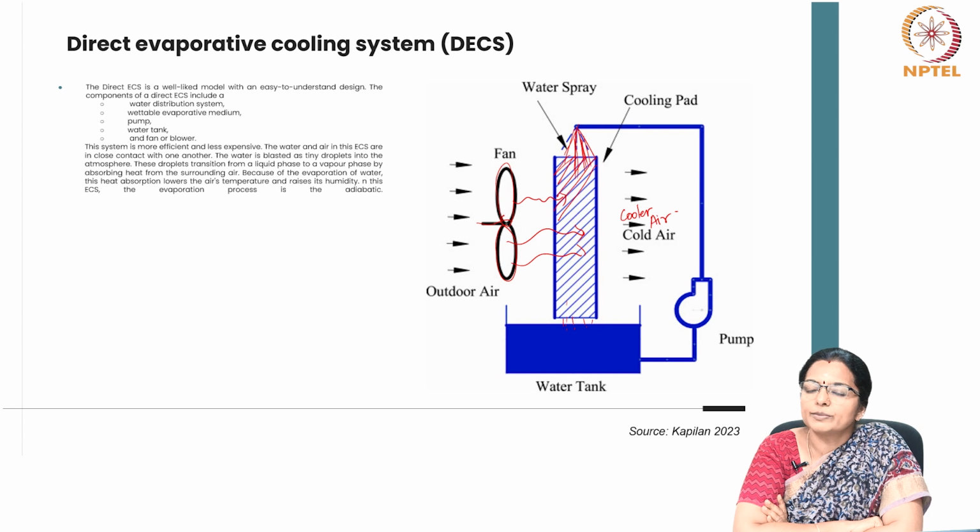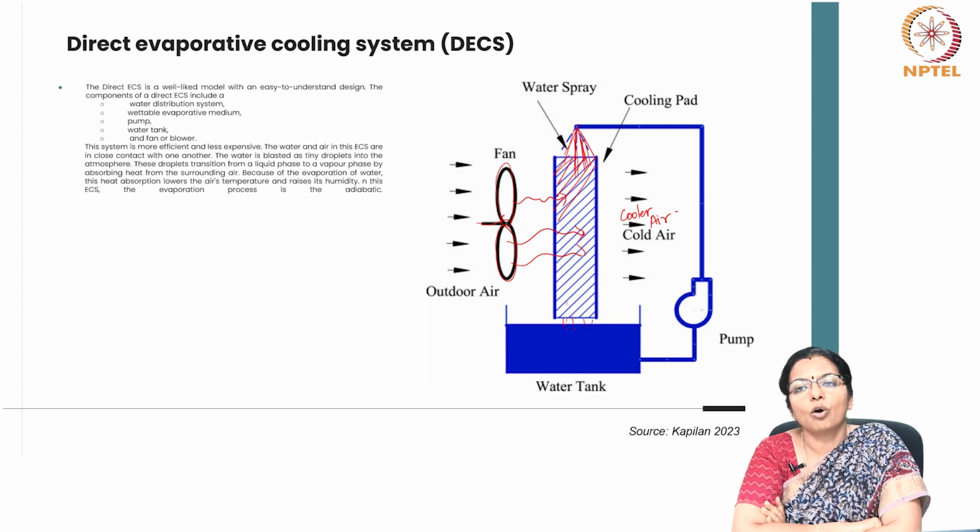The water absorbs the sensible heat of the supply air, lowering the air temperature. The humidity of the air rises when water evaporates in the airstream. The ECS produces a considerable cooling effect, yet it consumes relatively little electricity as compared to a normal refrigeration system or an air conditioning system.